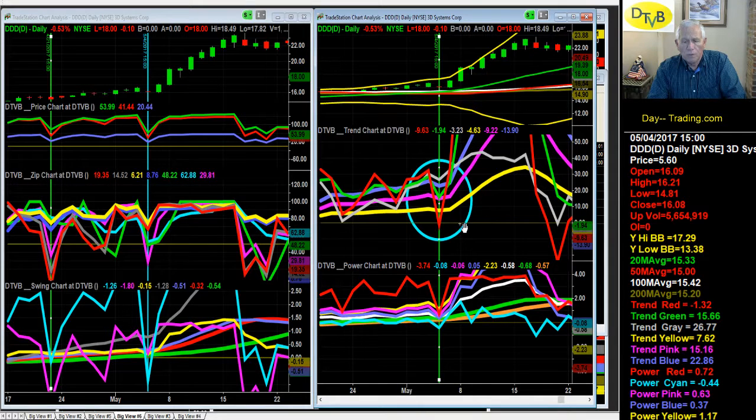And this one has a gray down touch blue and a green down touch pink, and the red is down touching under 0. Now remember, when you have the red down touching underneath 0, the day that it crosses 0 is the day that the line reverts or reverses and goes back up.